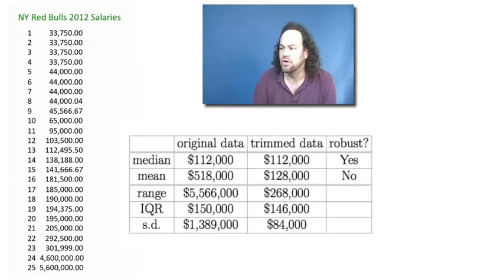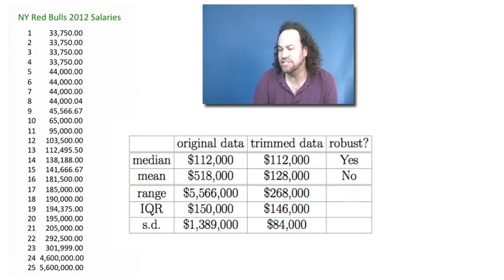Here's a chart which shows for both the original data and the trim data various quantities. We can see that the range changes tremendously from over $5 million with the untrimmed data to just $268,000 with the trim data. One thing we can consider is whether that measure is robust or resistant to outliers.